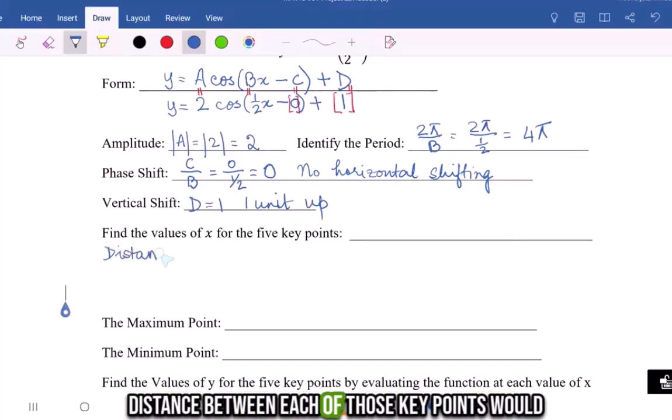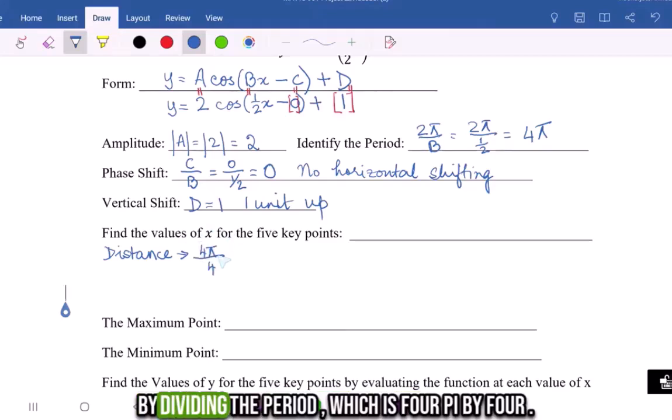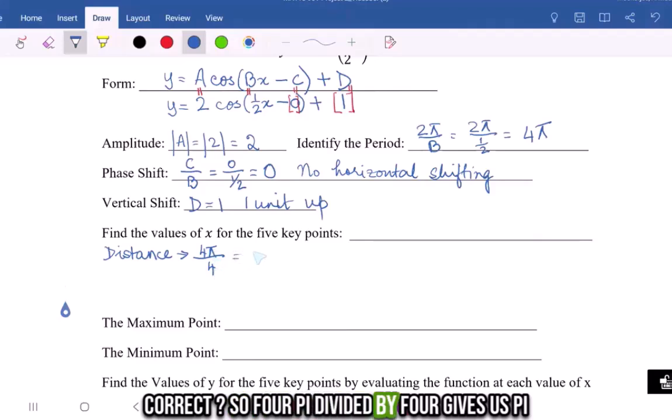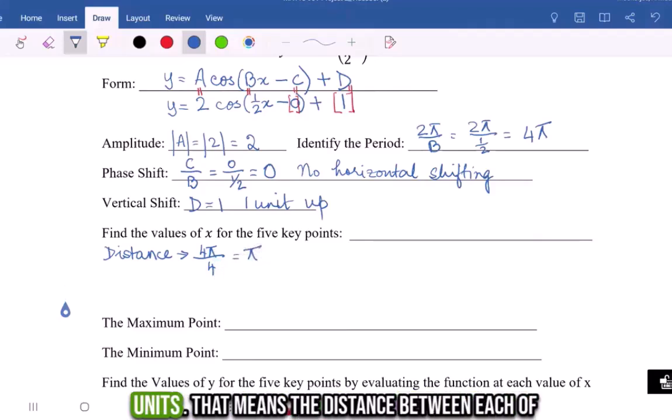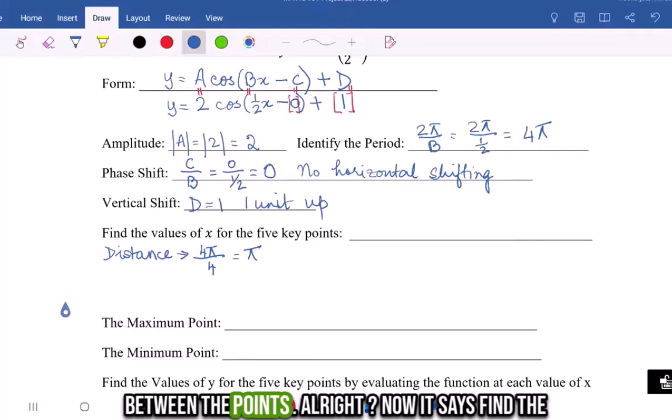Distance between each of those key points would be found by dividing the period, which is 4 pi, by 4, correct? So 4 pi divided by 4 gives us pi units. That means the distance between each of these points will be pi units. That's the interval between the points, all right?